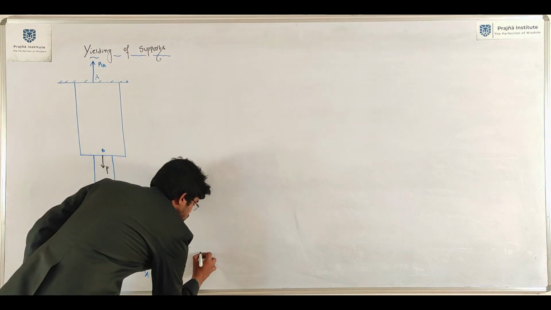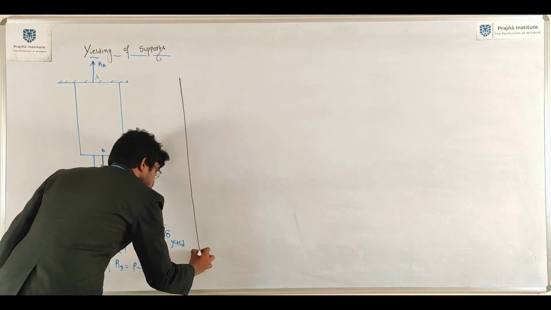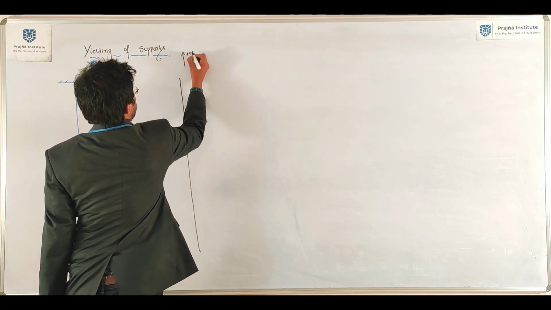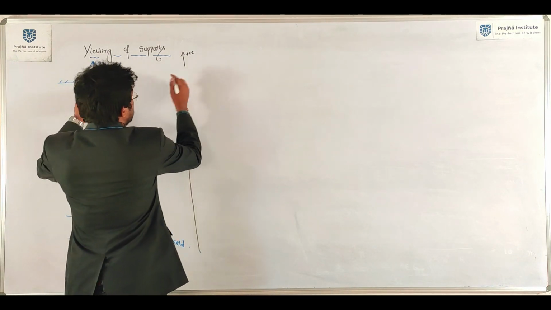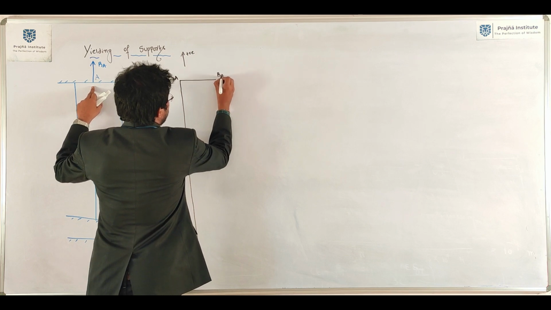Now draw the pseudo axial loading diagram. Here it is positive. From A, come up to here, it is RA.